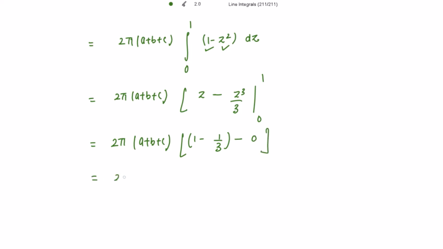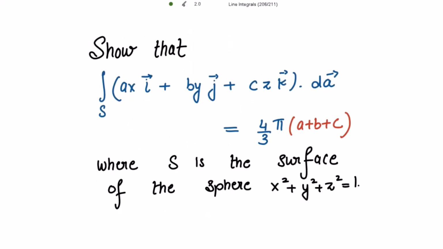So this is equal to 2π (a + b + c), and this is 2/3. So that is equal to 4π/3 (a + b + c). Hence we have shown this result. So hence we have shown that this surface integral is equal to 4π/3 (a + b + c). Alright, thank you.